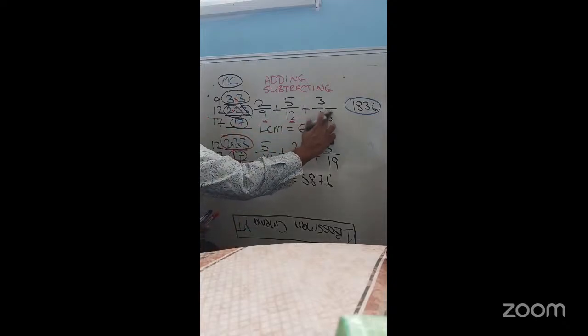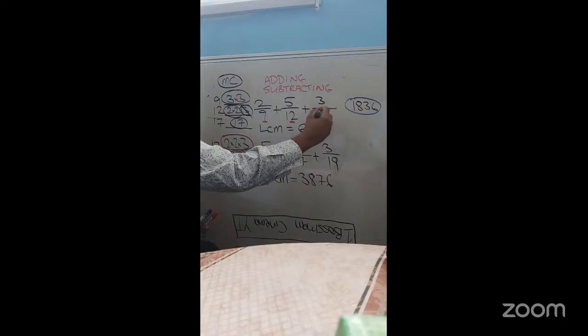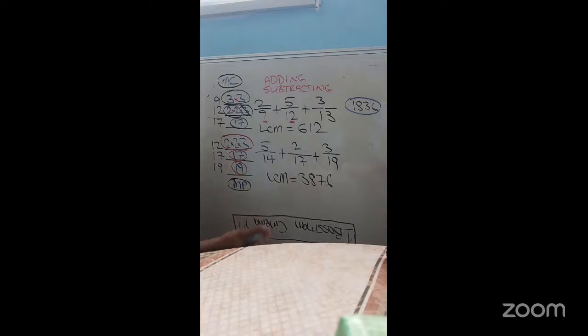But if it is the majority composite, but one of them prime, still work it out. Right?